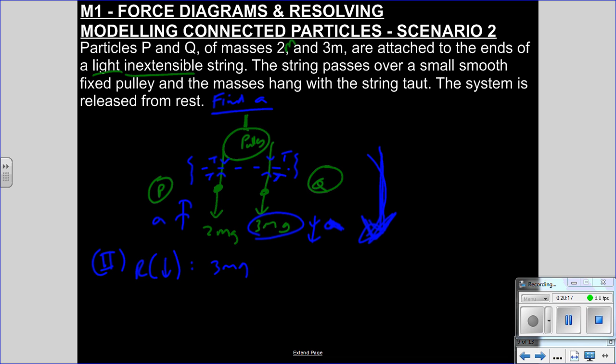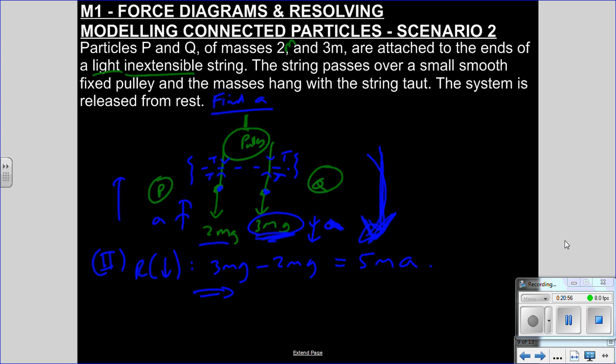What forces are going down in the direction of the acceleration? Well, 3mg is going down, but at the same time, 2mg is going up, isn't it? So the 3mg on this side has to deal with the weight of P on the other side. So actually, this is trying to slow it down. You've got two forces acting in opposite directions. So 3mg going down minus 2mg equals total mass, because we're talking about the whole mass of the system moving, which is 5m, all times a.